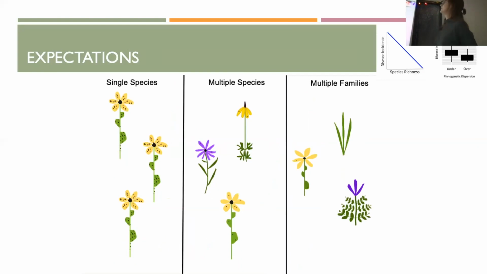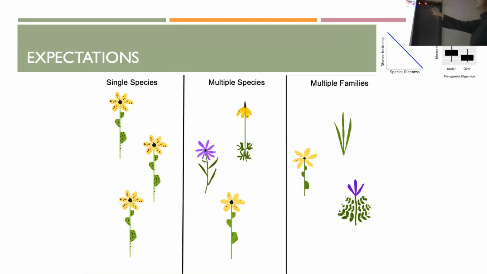And then here is a figure showing monoculture versus multiple species versus multiple families. So you can see that the single species has significantly more disease as compared to the multiple families, which has the most diversity. And then these figures up here, which are sort of blocked, are showing the trend that as plant species richness is increasing, the disease is decreasing.